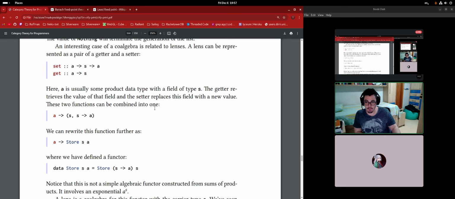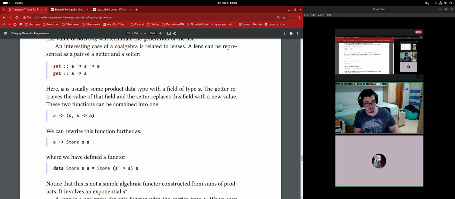These two functions can be combined into one, and this is the result of combining them, using a similar process to what we saw in the beginning. So you grab this, and then it's going to give you the field in a function that, given a field of type S, is going to give you an A. You can rewrite this function further as this, and I think we also saw this before in previous chapters.